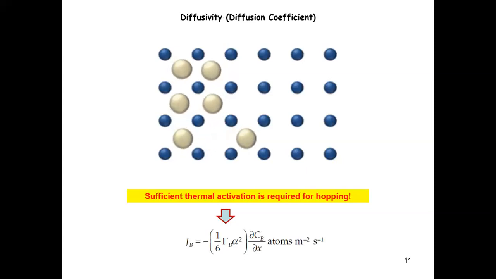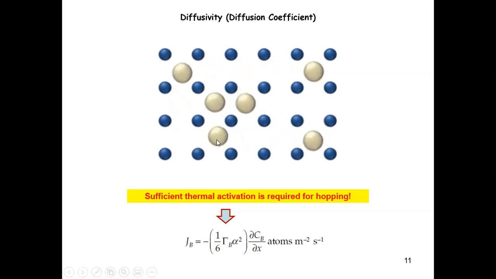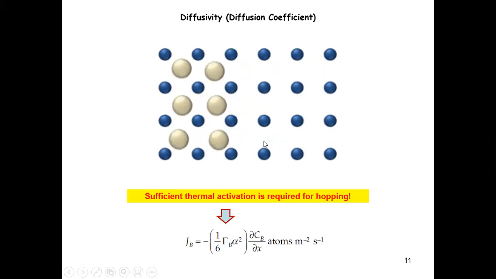Okay, if not, let's take a closer look at diffusivity. Let's examine what the key differences are between solid state diffusion and liquid diffusion. This is a picture that we showed before, and I already mentioned that a key quantity determining how fast effectively these particles can move around in one direction is the hopping rate, right?